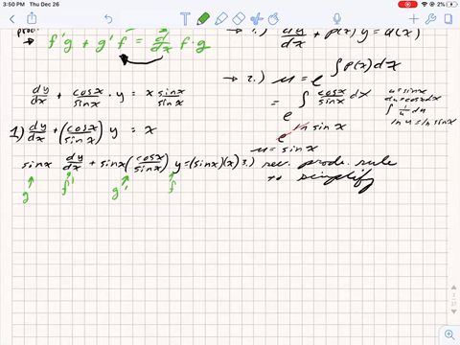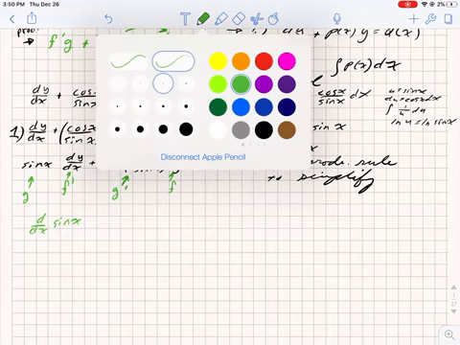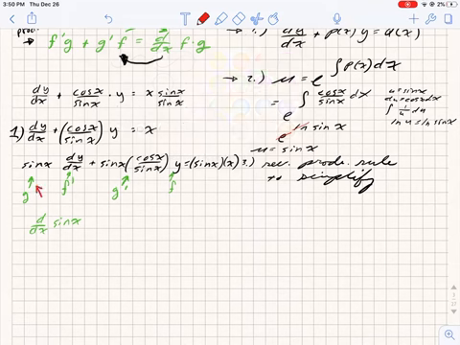And let's check. The derivative of sine x, which is this, must be equal to, these cancel, and this is cosine x, and it turns out that this is correct. So we can use this formula right here.